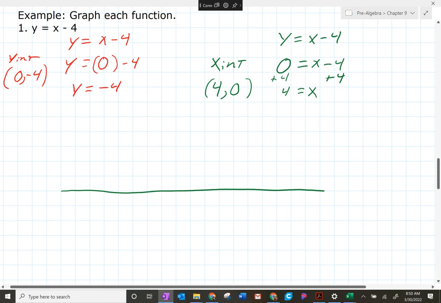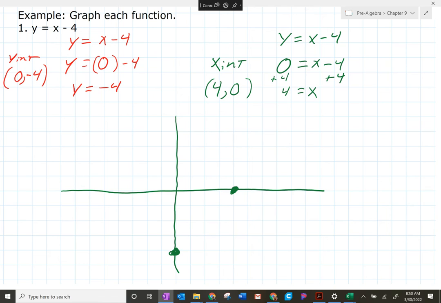Just bear with me, my line drawing skills are not the greatest. My first point is going to be at 0, negative 4. So 1, 2, 3, 4. My first point will be here. My second point will be at 4, 0. 1, 2, 3, 4. And the fantastic part, I get to play connect the dots.